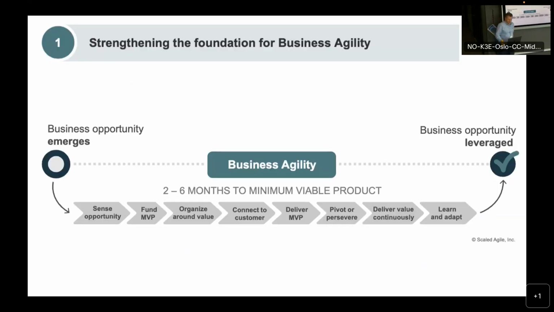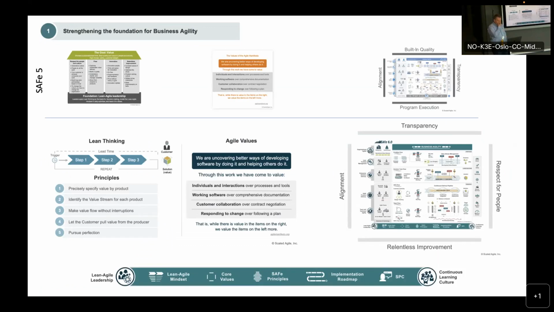So this one, Thomas took us through around the business agility, how the different competencies are used in the flow. They've made some changes here to the foundation, as I said. They used to have the House of Lean. That one has been taken away, so they have the Lean Thinking Principles instead. Five principles.